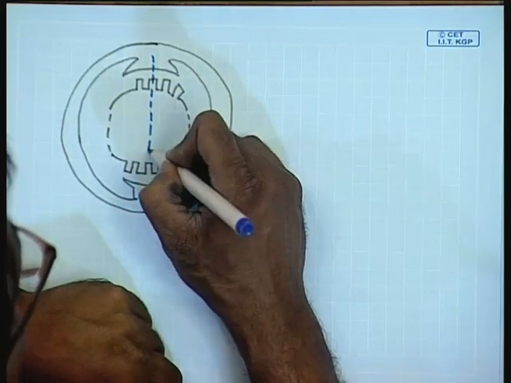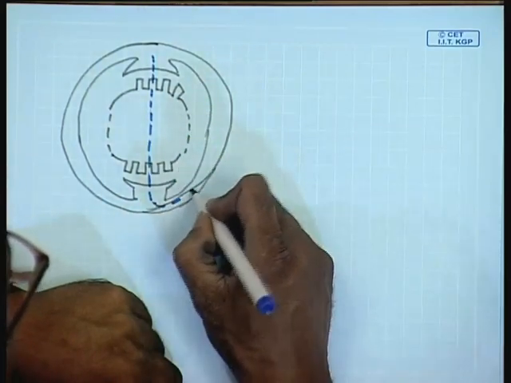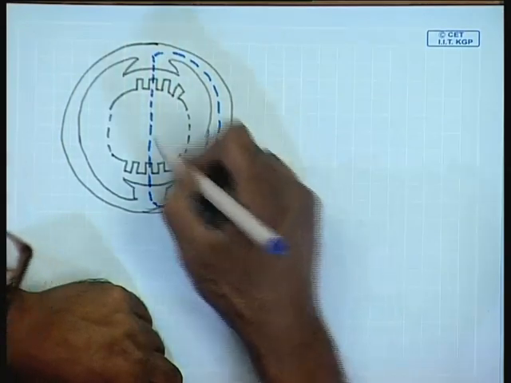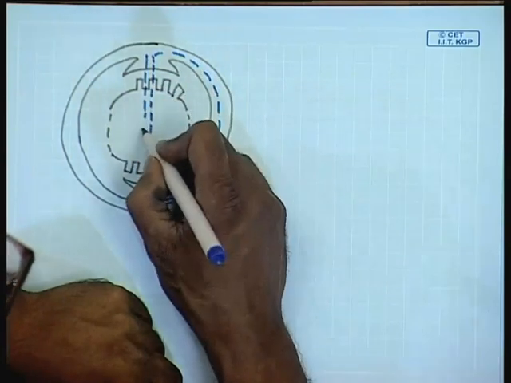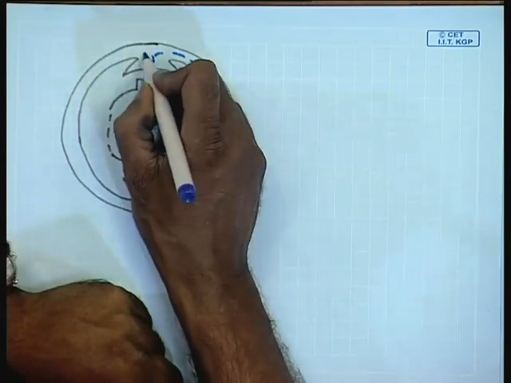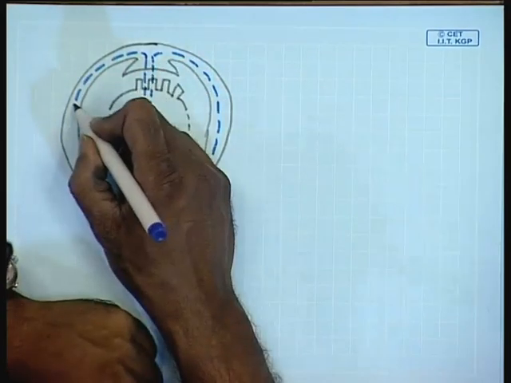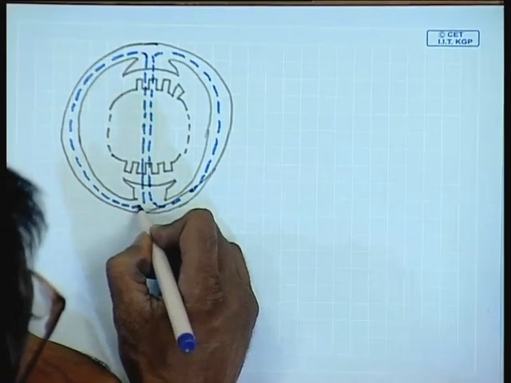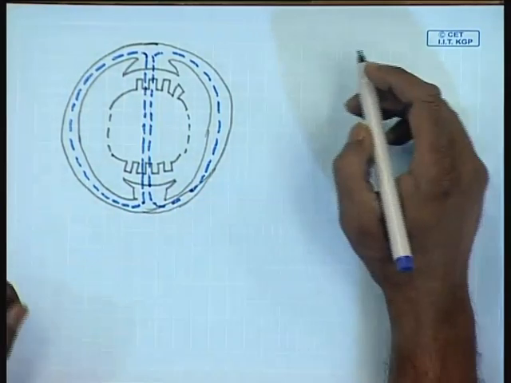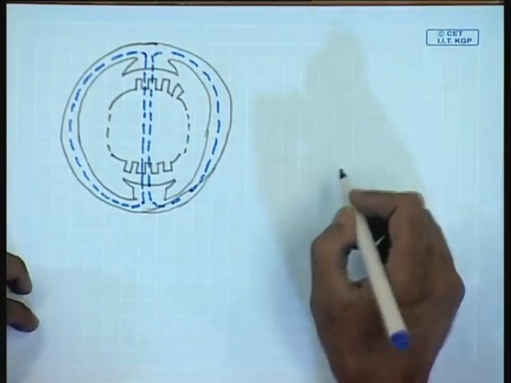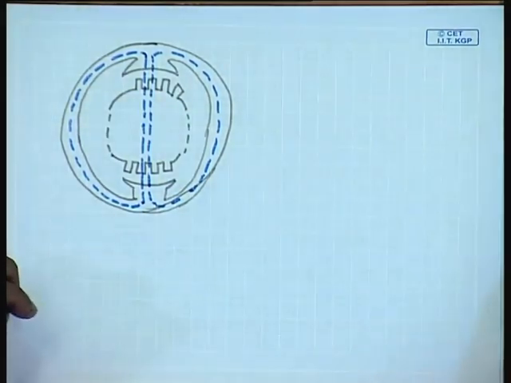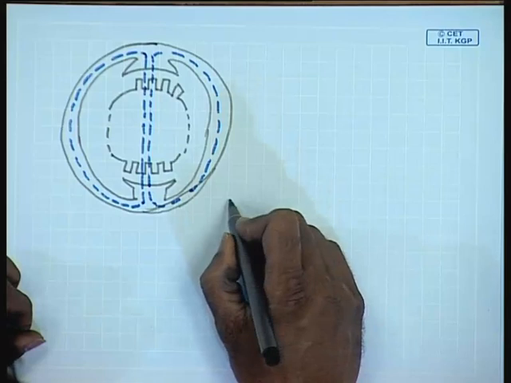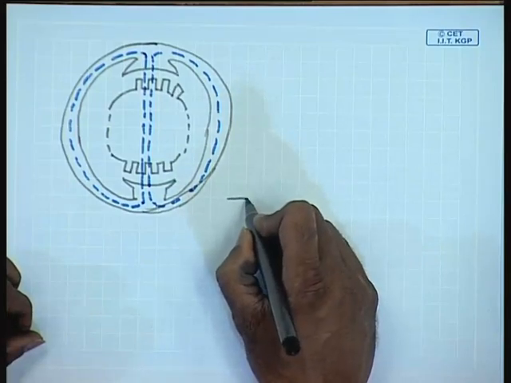The main flux path, so the magnetic circuit of a DC machine can be drawn in this manner.